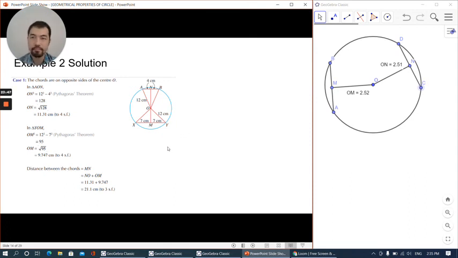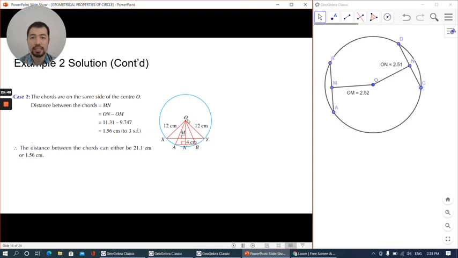And then case 2, which is on the same side of center O. We already know from the previous case that the length of ON is 11.31 and OM is 9.747, but we need to find the distance between MN.